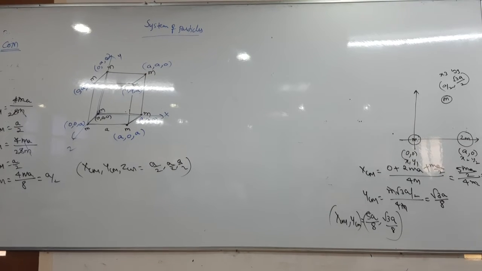One more shortcut method, you write. Shortcut method. Because the center of mass of the cube lies at the center and it contains equal masses at the corners.